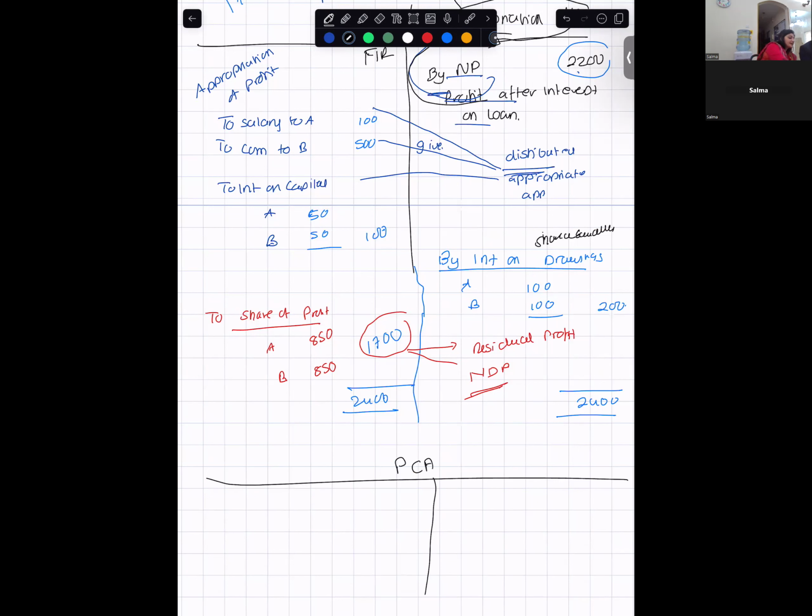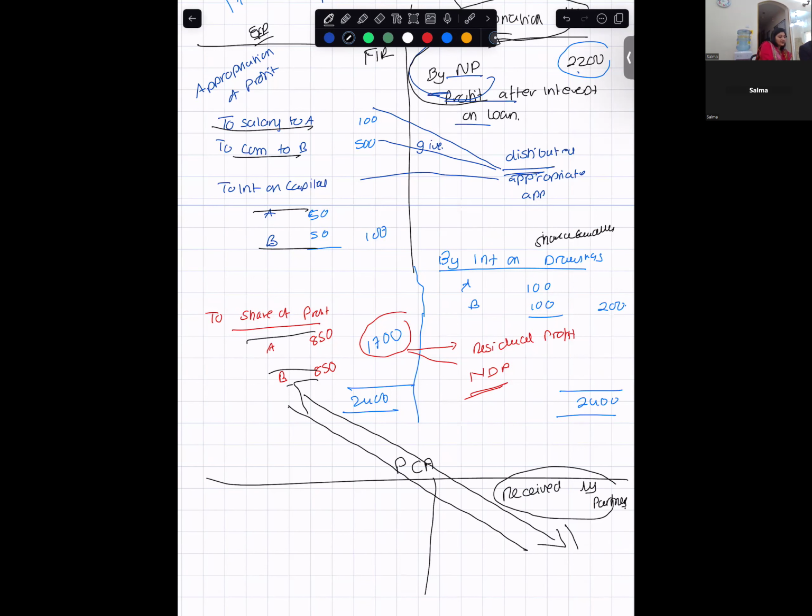Now understand: whatever is expense for the firm is on the debit, and it is received by partners. So whatever is on the debit over here will come on the credit.